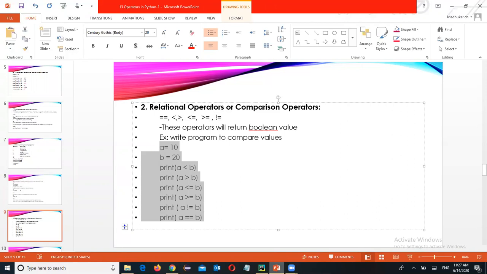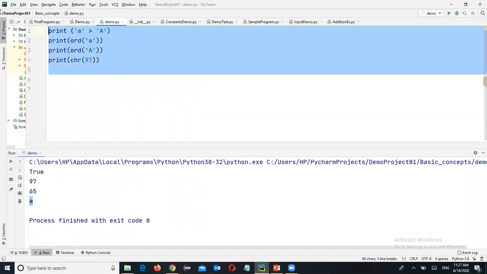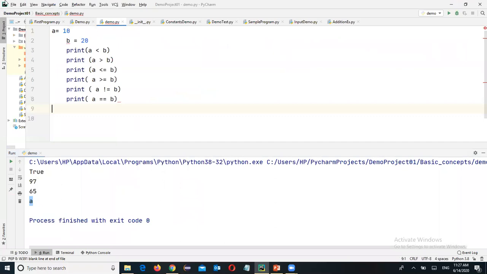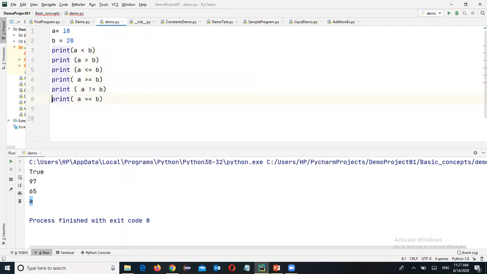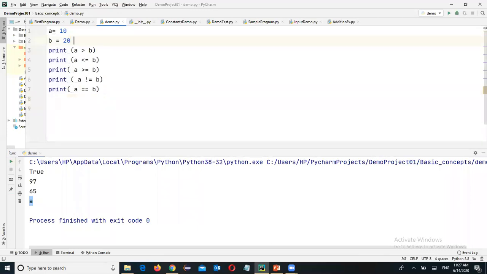I have the values like this: a equal to 10, b equal to 20. Like this, a less than b. What is the output here? Yes or no? Yes, it is. So it has to give true for us.